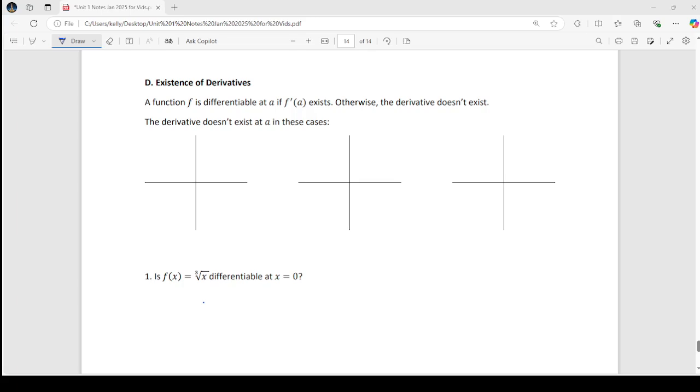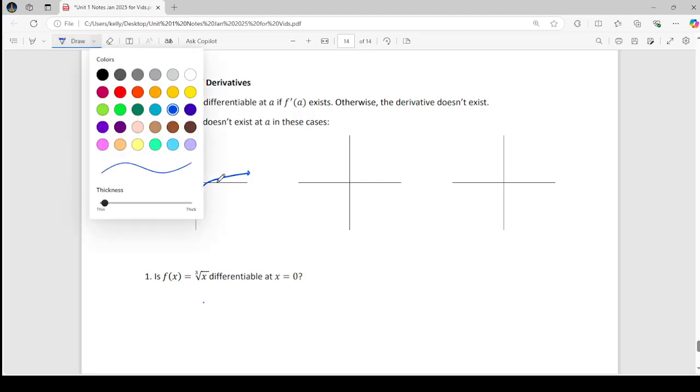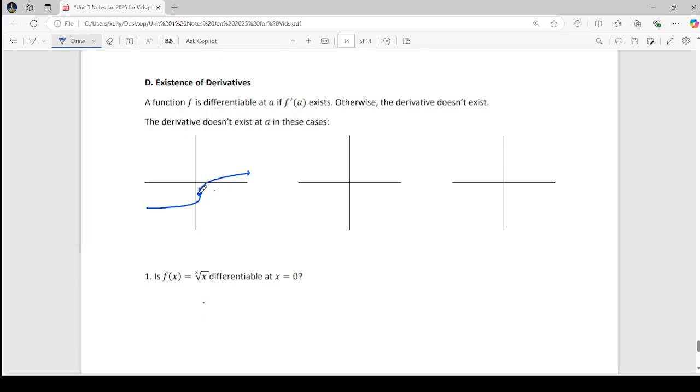So a function that is increasing until a vertical moment right here, the tangent that we draw will be a vertical tangent.